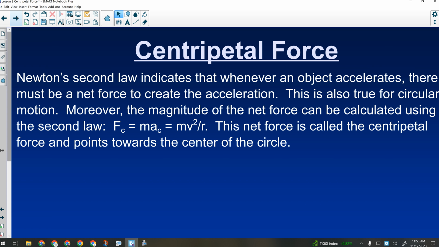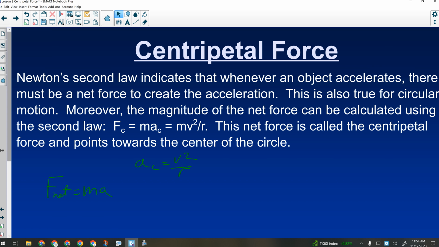Okay, so here's the thing we need to realize. Centripetal acceleration is v squared over r, and according to Newton's second law, net force is mass times acceleration. For something to move in a circle, it has to accelerate towards the center, which means the net force acting on that object has also got to be directed towards the center.